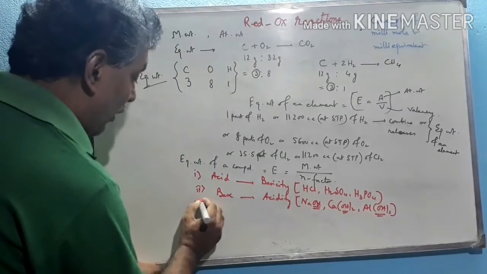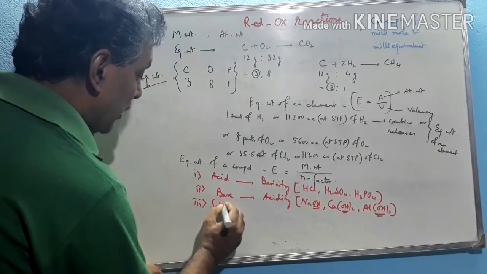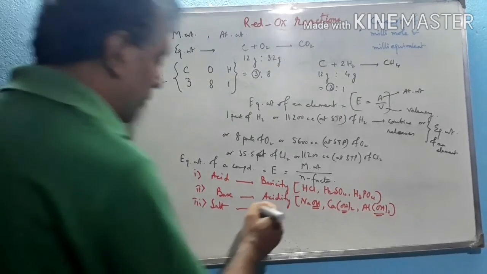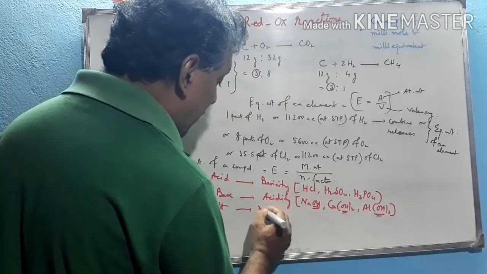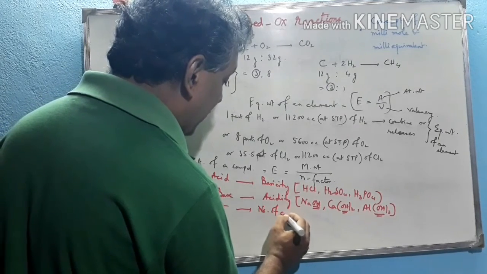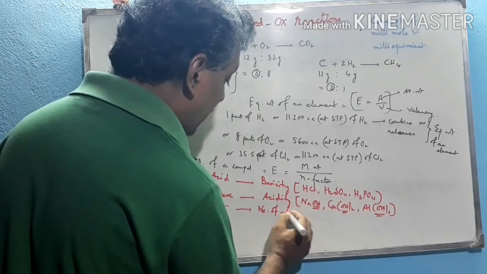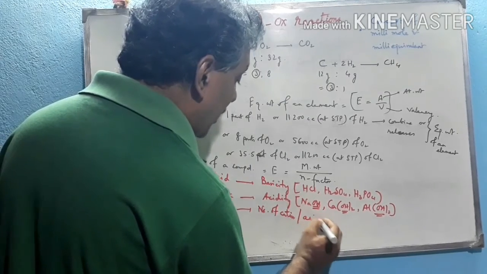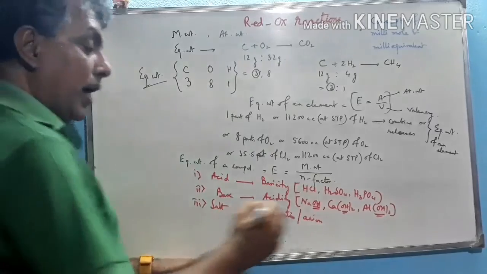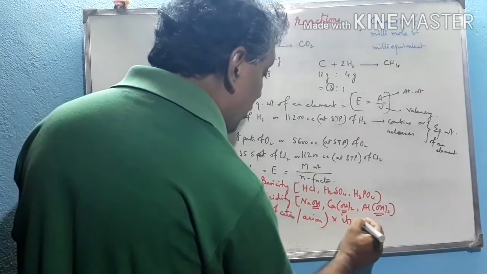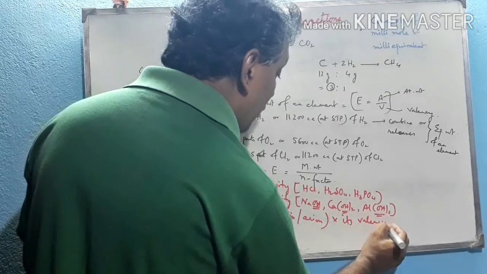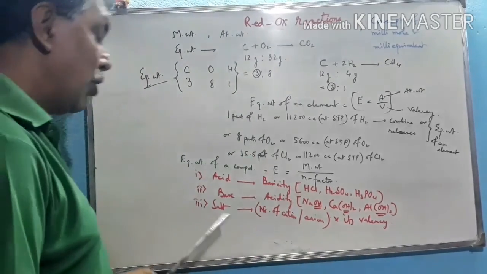But in case of a salt, if we want to calculate the equivalent weight, the n factor is the number of cations or anions, either one, multiplied by its valency. This is the formula to calculate the equivalent weight of a salt.